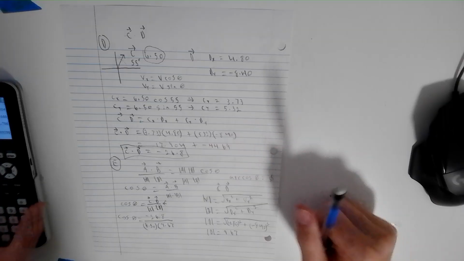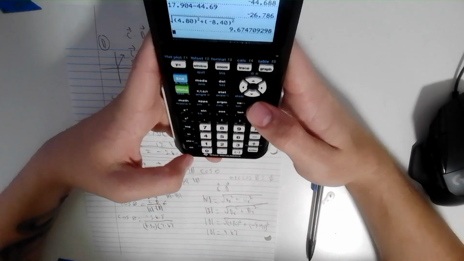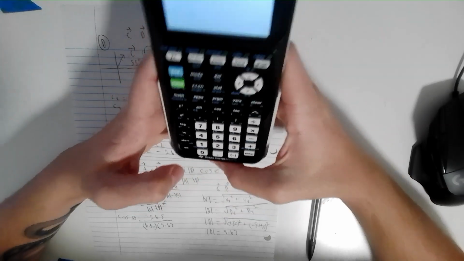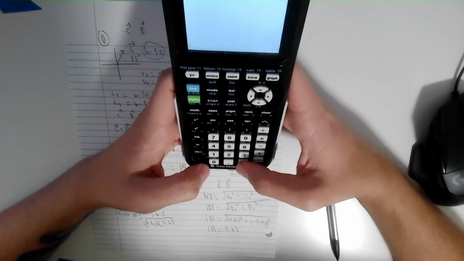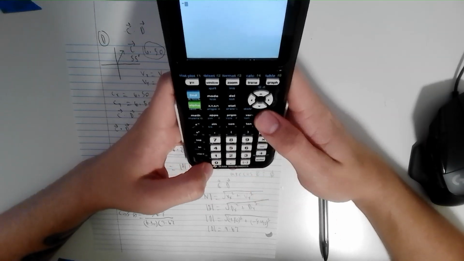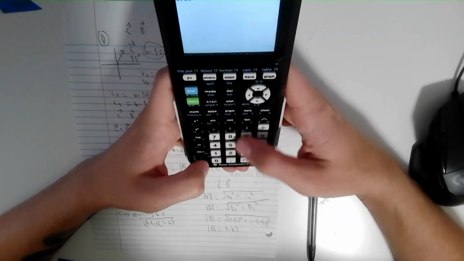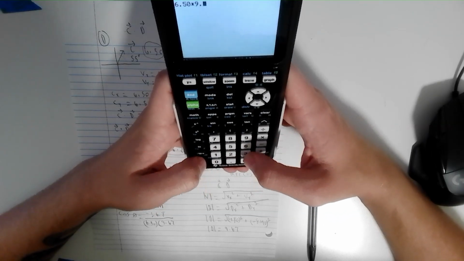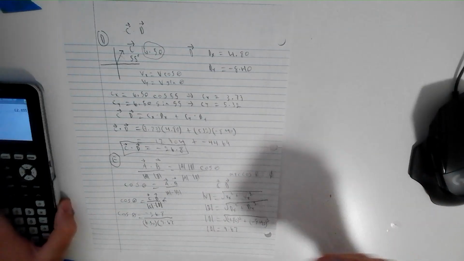And then we just solve that. Actually, we'll solve the bottom part first. 6.50 times 9.67 equals 62.855.